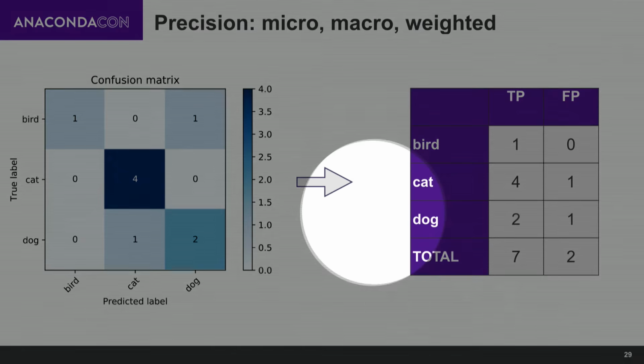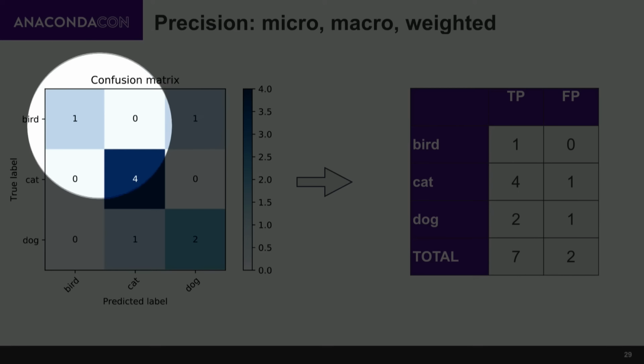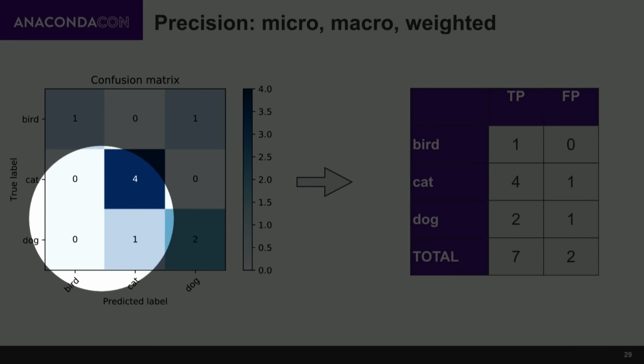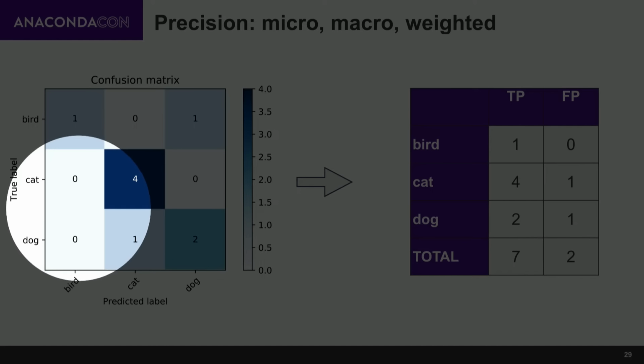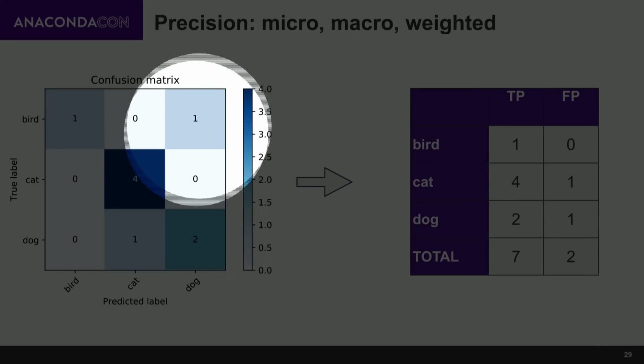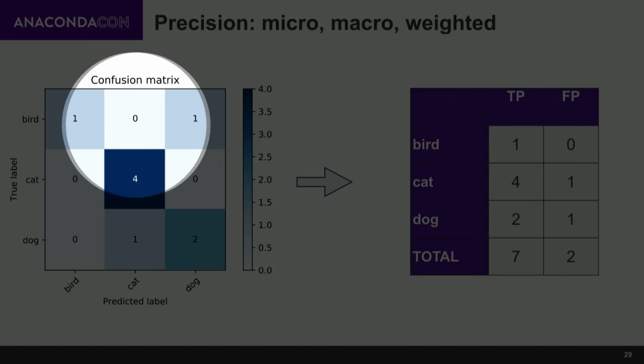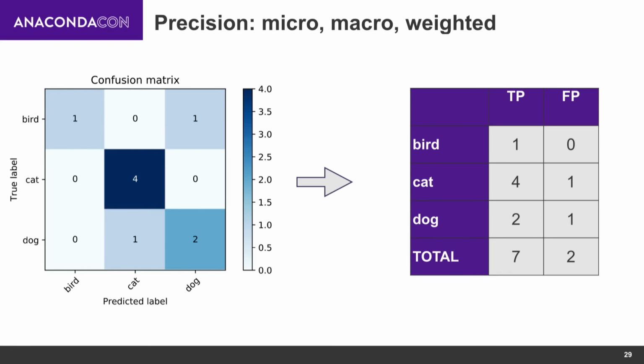It's going to be this cell, where we said it was a bird, and it was a bird. The false positives are where we predicted it was a bird, so this column right under, but it was not. We're going to sum these up, and false negatives are where it was actually a bird, but we said there wasn't. We're going to do the same thing for all classes.